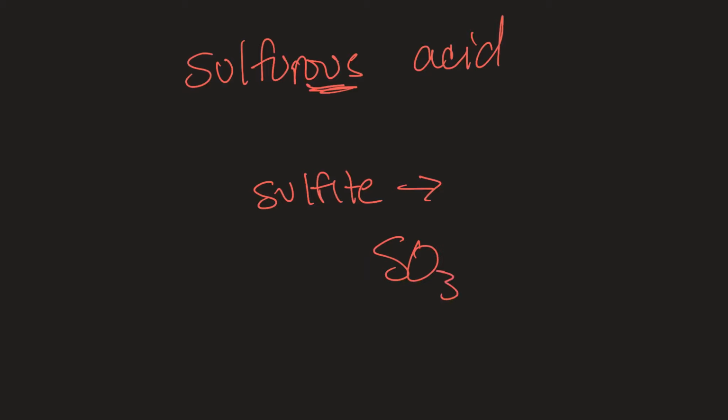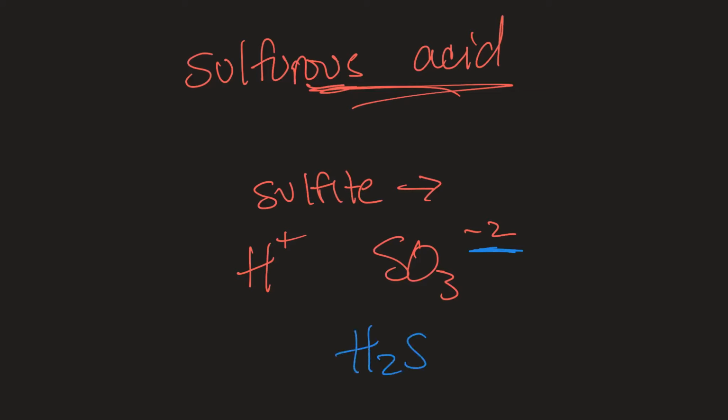It's SO3, and it has a -2 charge. All acids always contain hydrogens. Hydrogen is a +1 charge. Just like we spoke about earlier with non-oxy acids, how do you know how many hydrogens you need? That's the charge of your anion, in this case. So we need 2 of them. The answer to this is H2SO3. So this is how you name acids overall.